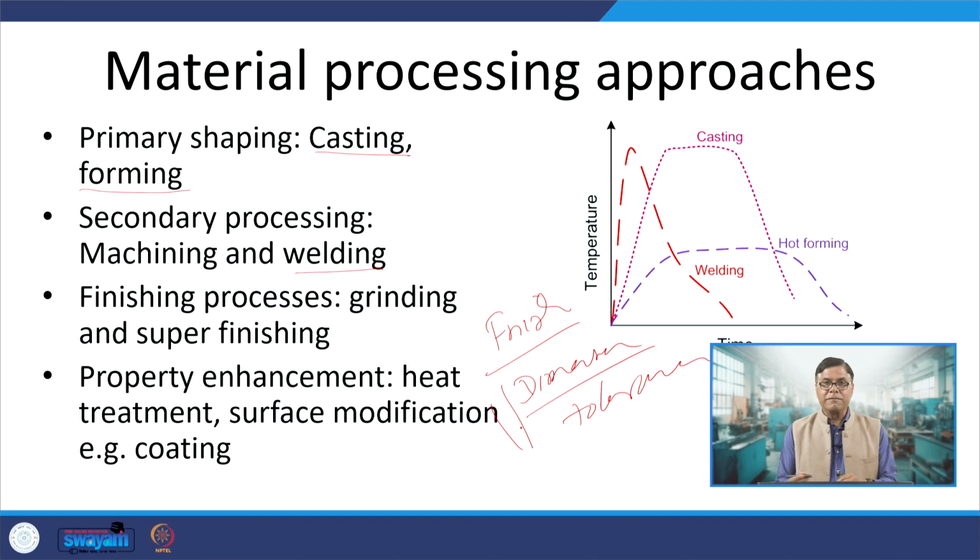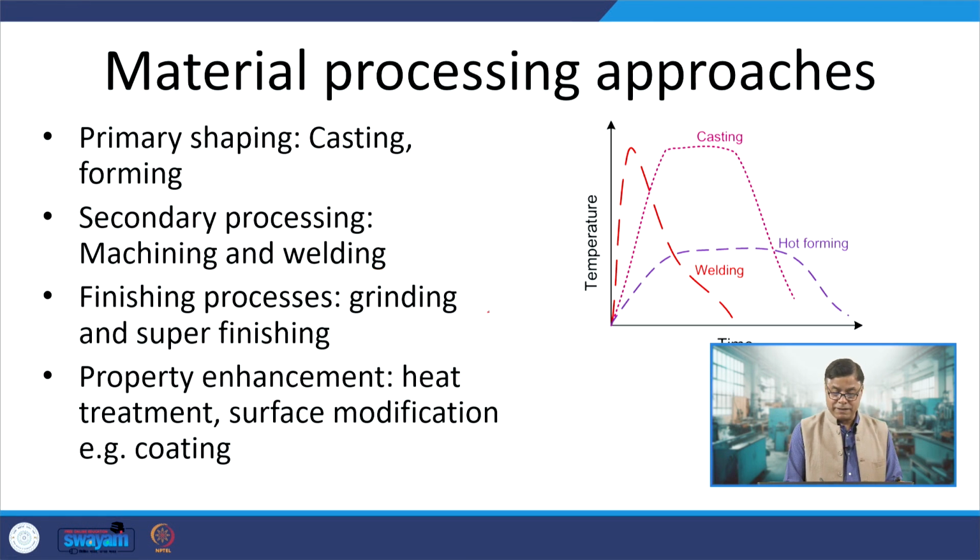Dimensions are always away from the desired one, and therefore, it is always required to use the secondary processing in form of machining or thereafter grinding and super finishing. Grinding helps in realizing the very high degree of the surface finish, means very low surface roughness value. So, very low Ra means high surface finish.